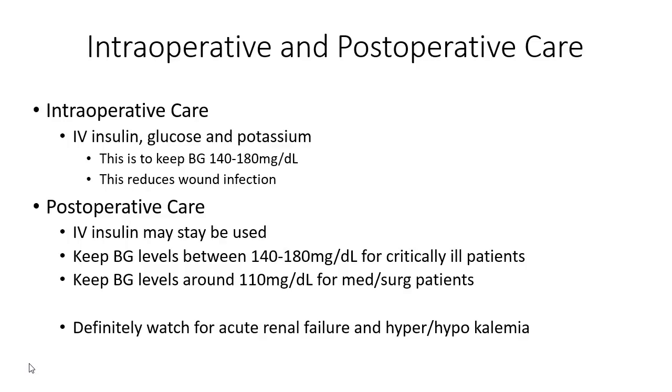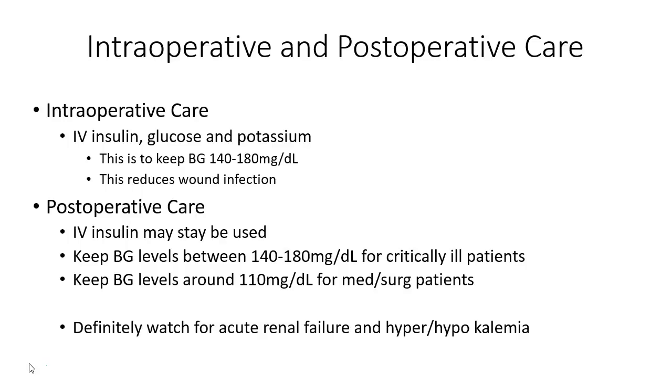So intraoperative and postoperative care. So intraoperative care, you're going to do an IV insulin, glucose, and you're also going to watch their glucose and potassium. So for intraoperative care, if your patient does go up and becomes hyperglycemic, and they're actually, let's say, a target of 200 or 250, then the IV insulin drip allows you to actually control it as much as possible.